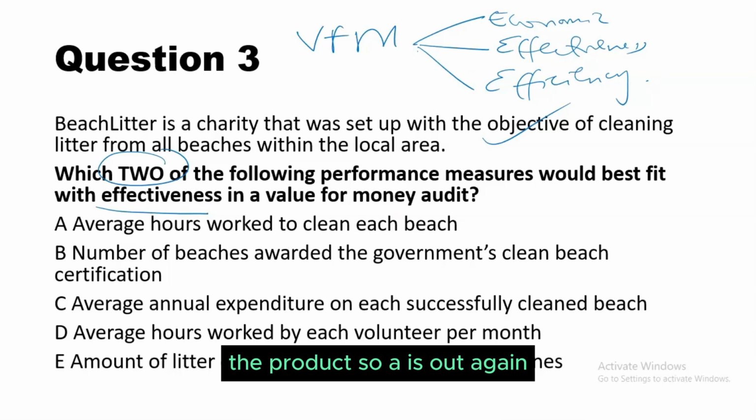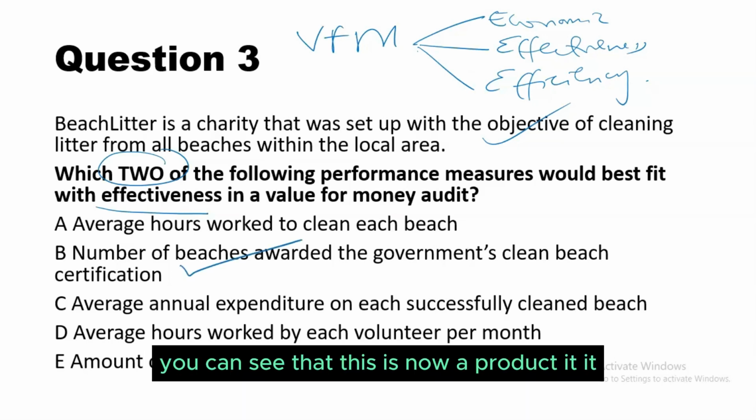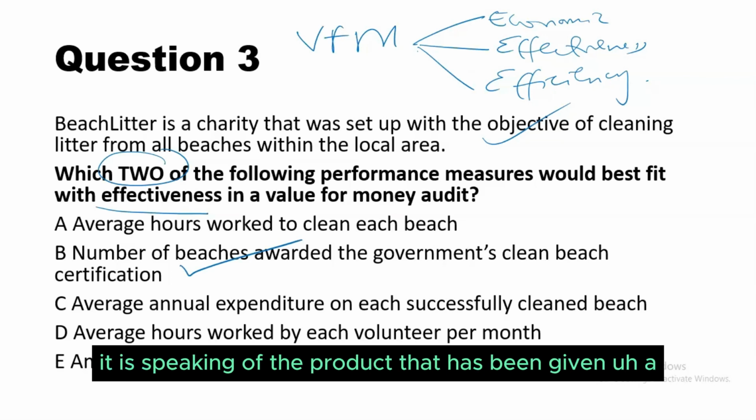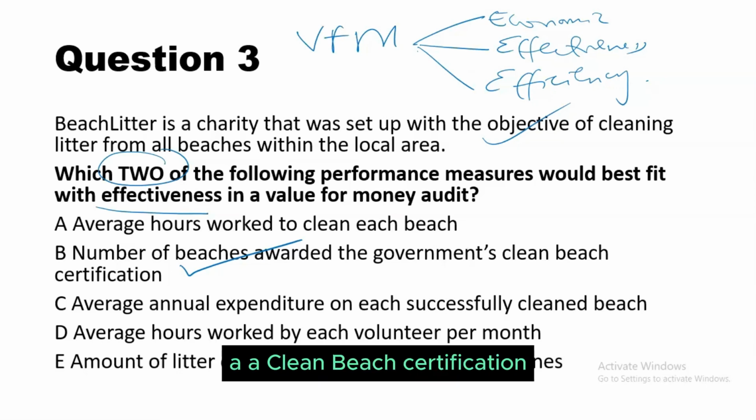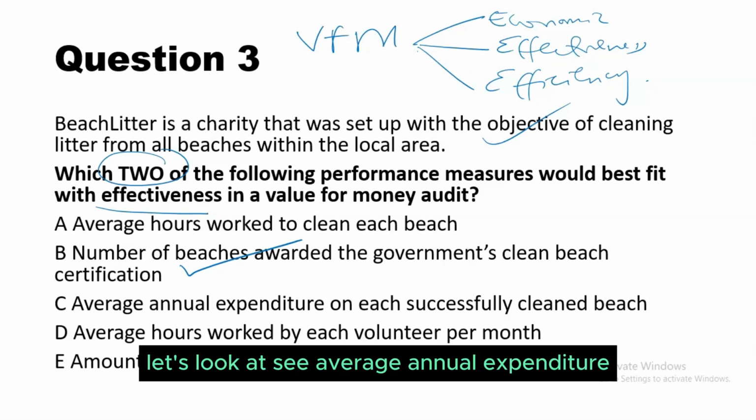So A is out. What about B? Number of beaches awarded the government's clean beach certification. You can see that this is now a product. It is speaking of the product that has been given a clean beach certification. So B is correct.